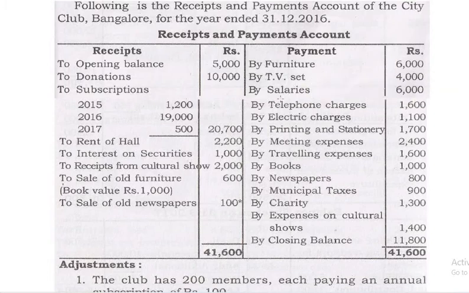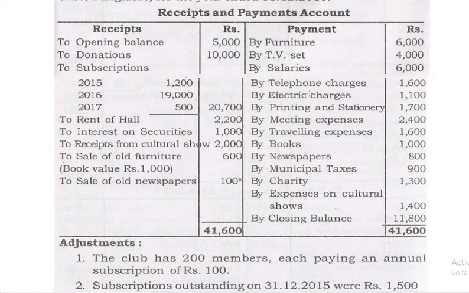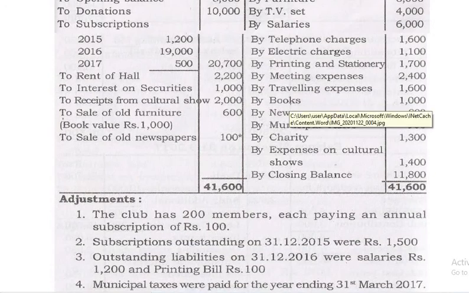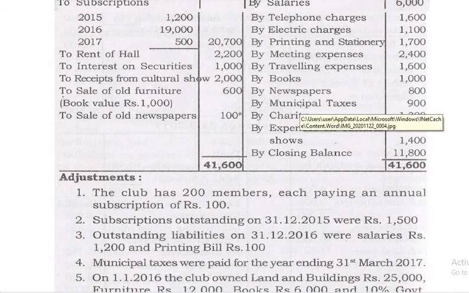TV set, it's in a set. Salaries, income and expenditure account, adjustment should be made. Telephone charges, an expense, revenue expenditure. Electricity charges, revenue expenditure. Printing and stationery, revenue expenditure, to that adjustment should be made. Meeting expenses, traveling expenses should be debited to the income and expenditure account. Books, the opening balance, you have to add this, so that will be total.